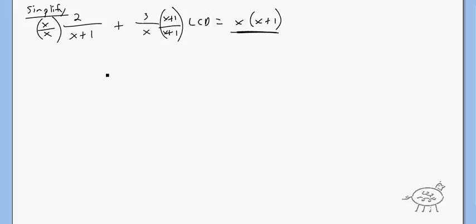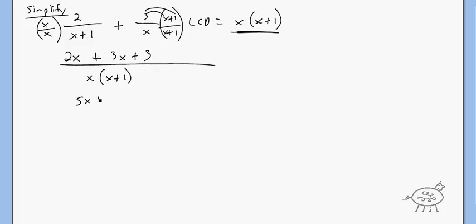So what I want you to do is write on the bottom x times x plus 1. And I want you to put a big line on top. And what you're going to do is you have 2x, 2 times x, plus 3, and then you distribute this. So 3x plus 3. Okay? The fifth step, combine like terms.